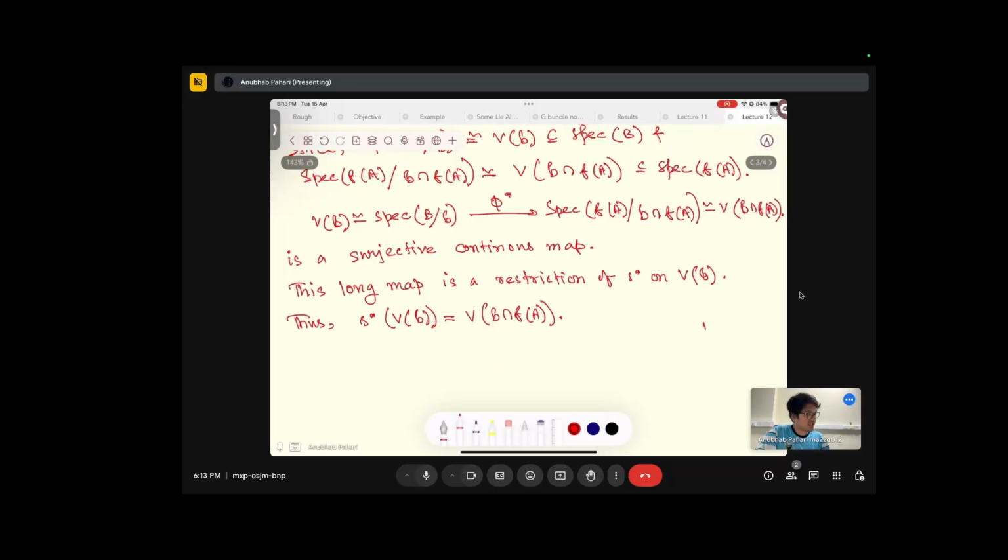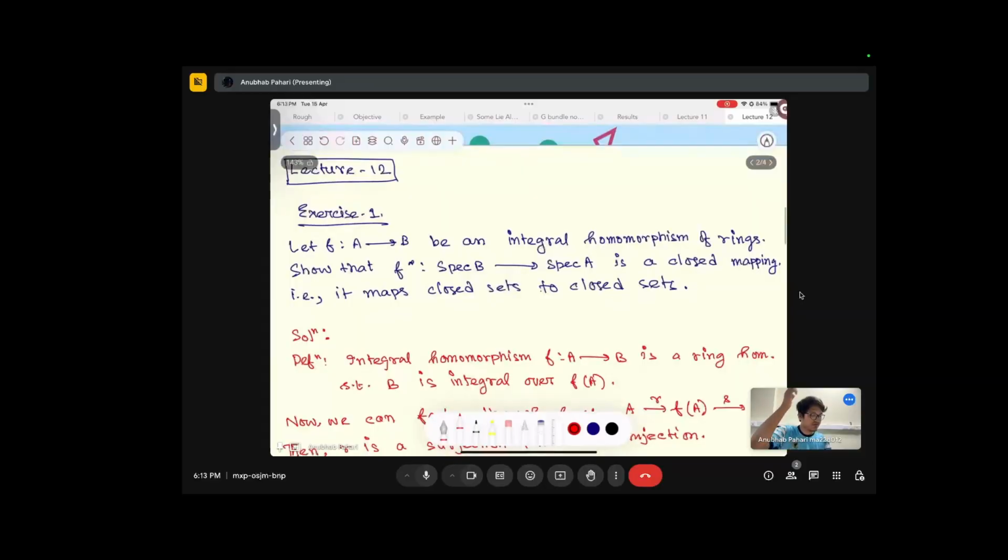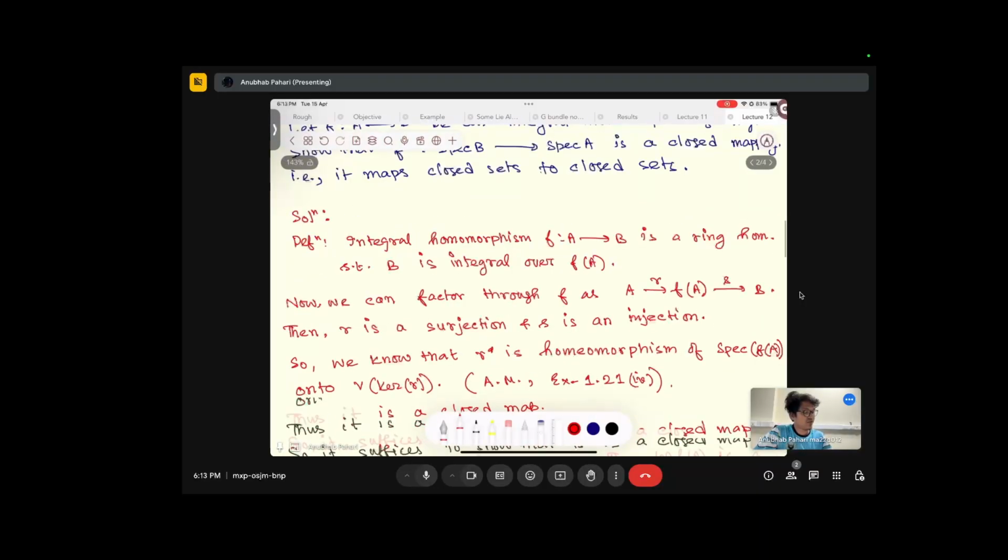So we are done. What we were trying to do is that if f: A to B is an integral homomorphism of rings, then we have to show that f upper star is a closed mapping, which means it takes closed sets to closed sets.